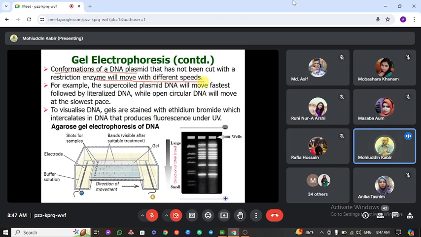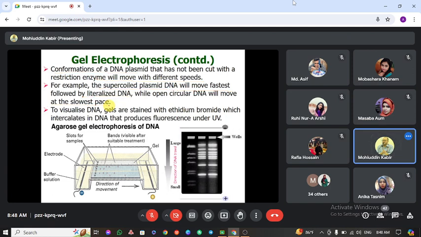Most of the plasmid DNA is supercoiled. That means they are compacted. They are round in shape, but there are many folds within that round shape. So that is called supercoiled. Supercoiled plasmid will move faster than the linearized DNA, while the open circular DNA will move at the slowest rate.